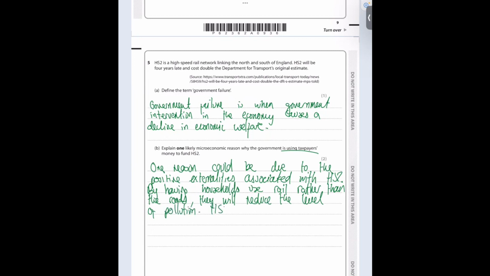And HS2 may not have occurred if done by the private sector, just because there might not have been the money allocated to them in order to pursue the project.